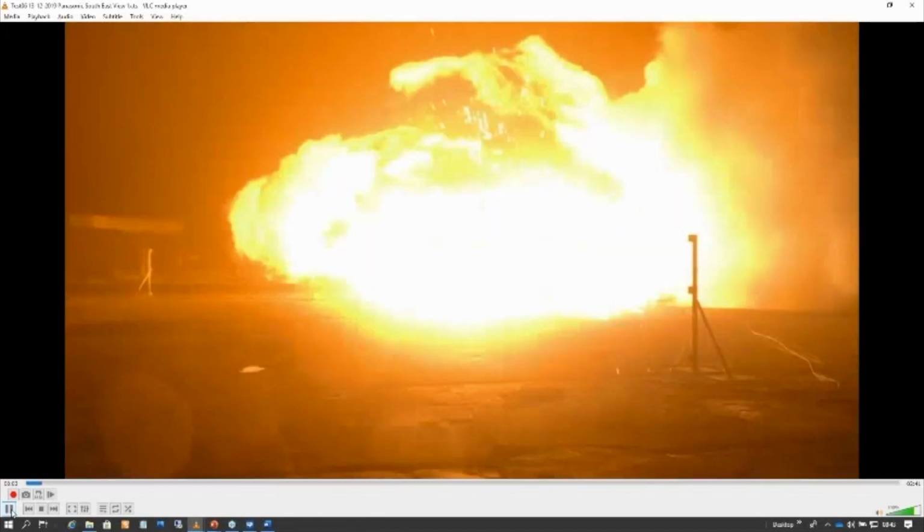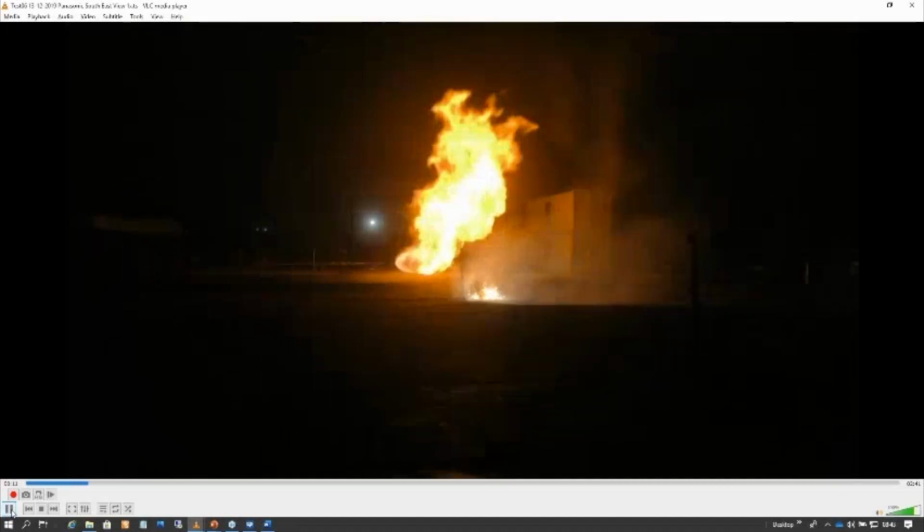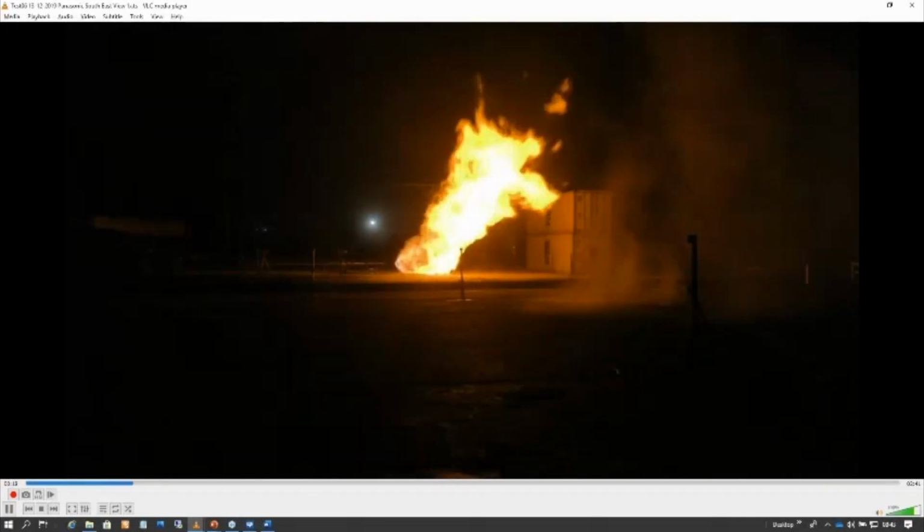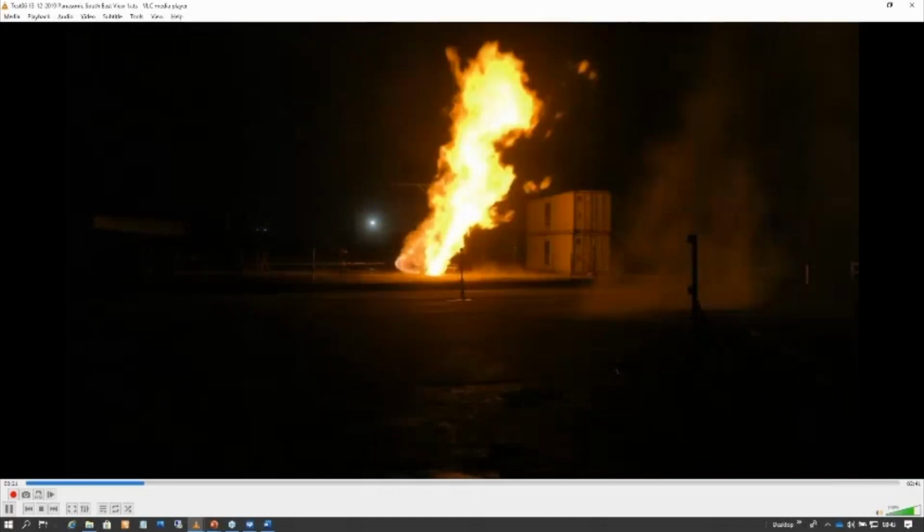So bear in mind, this is a horizontal test. So you can see the cloud building up. The ignition occurred, I believe, somewhere near, if you can see this residual combustion, somewhat downwind. So that's one video.